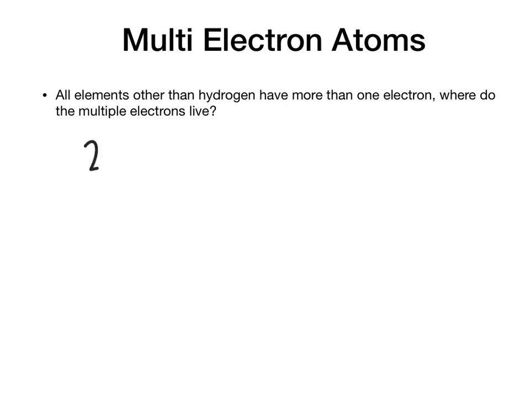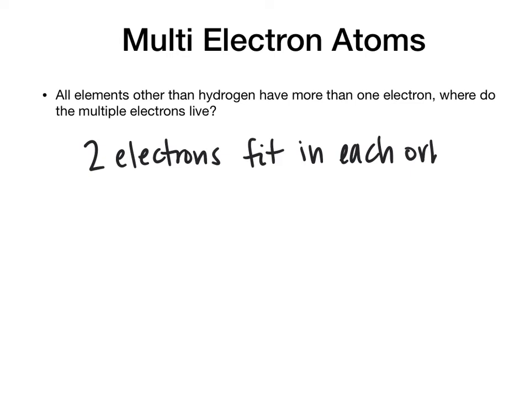So 2 electrons fit in each orbital. Well, maybe not orbitals, plural. But each orbital only holds 2 electrons. So 2 electrons at a time can fit in any given orbital.